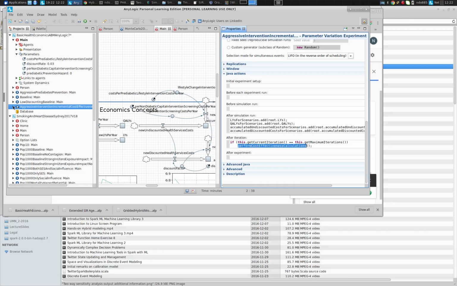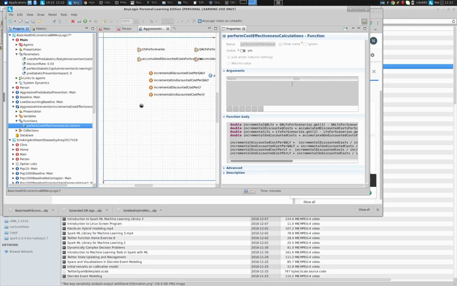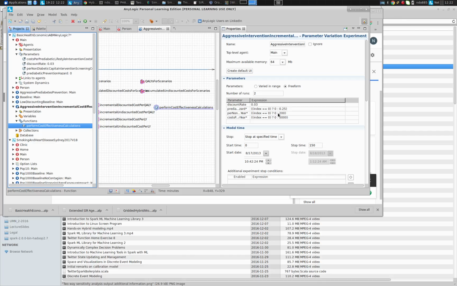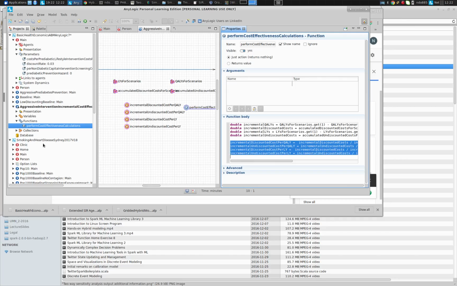Here I am getting the discounted and undiscounted costs, and assigning them to appropriate variables.